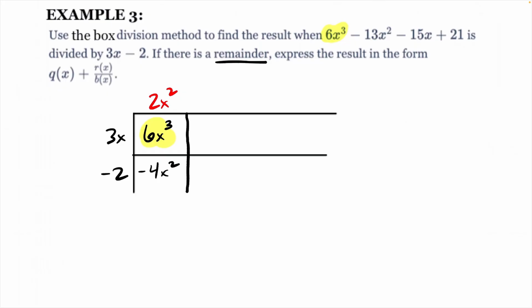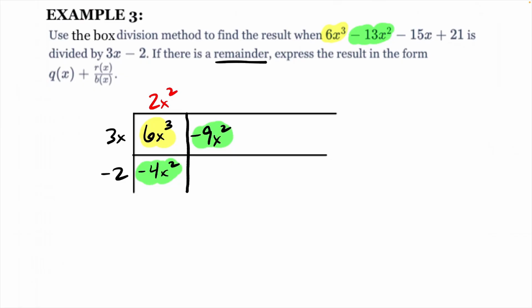Let's go to the next one. So take here another color. This guy plus this guy have to equal negative 13x squared. So when I combine like terms, when I combine the greens, they have to equal negative 13x squared. So do some mental math here. What number will that be? Negative 9. Good.